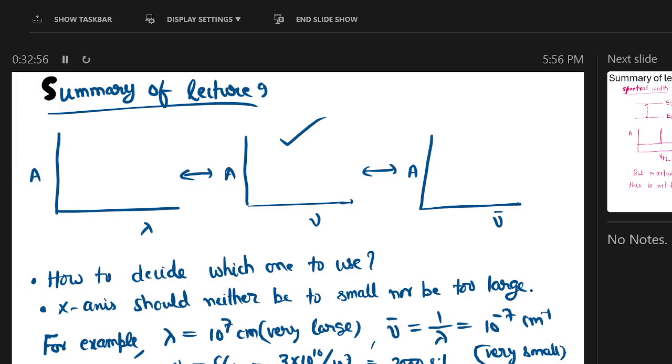The summary of the lecture is the absorption spectrum that we are getting from Beer-Lambert law. We can plot against wavelength, correct? And this we call lambda max. Why? Because at this wavelength the absorption is maximum, correct?